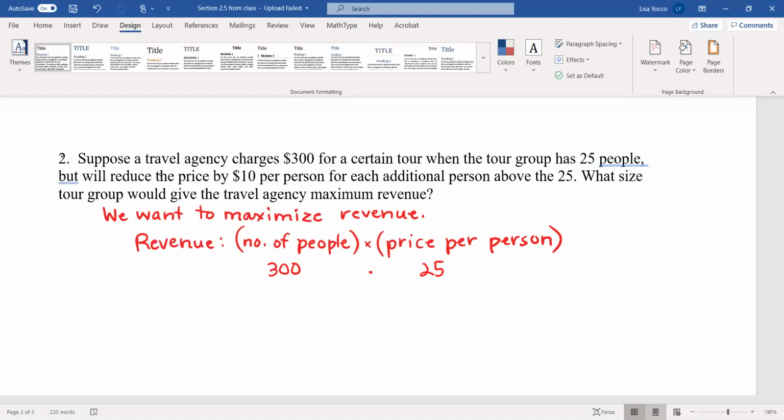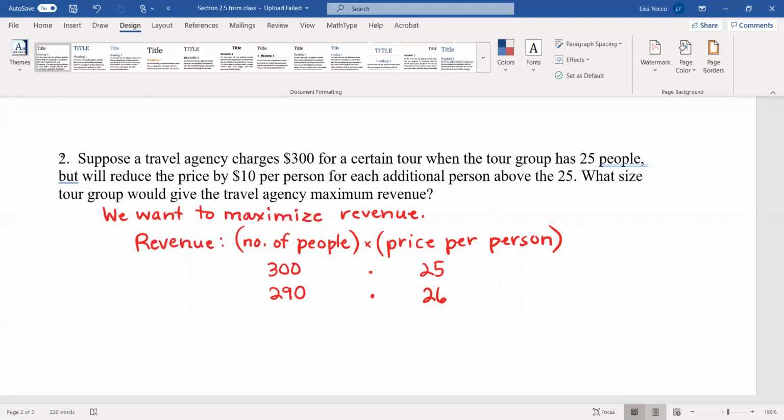Now, if you just handed me this problem and said, hey, work this problem, I could probably work it without ever coming up with an equation or using calculus. And I'm okay with that, because if our goal is to solve the problem, we use anything we can. So if they add another person, they have 26 people, now the price goes down to $290.